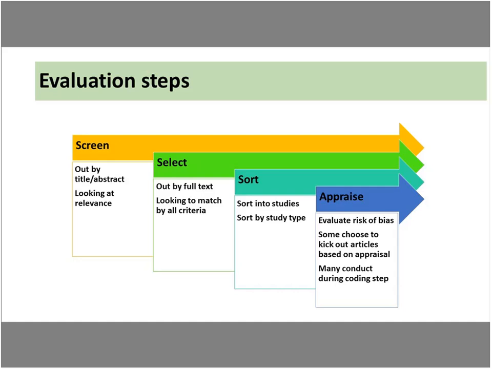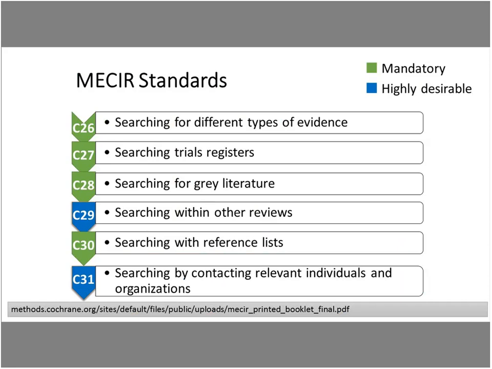And then we also last time talked about what I call the expanded searches, so those things that you might do beyond your typical subject database searching. I went through the MECIR standards. These are the newish standards from Cochrane, which are freely available online.